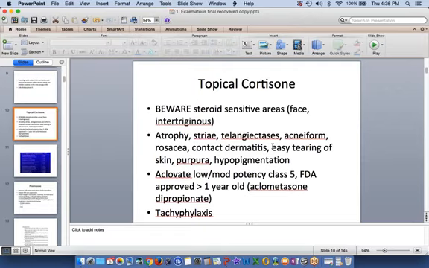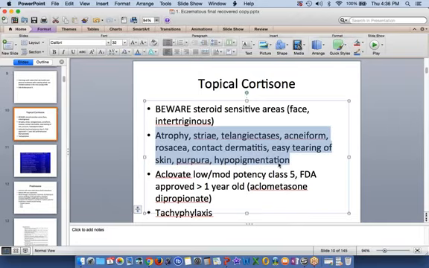Most of us use topical cortisones to treat patients with eczema. So you have to really know how to use it. Otherwise, the major side effects of this are the following, okay? Being atrophy, stria, telangiectasias, acneiform eruption.